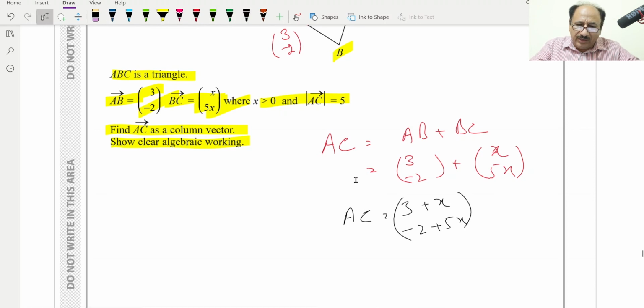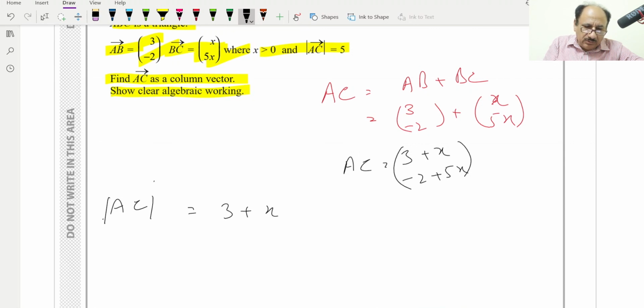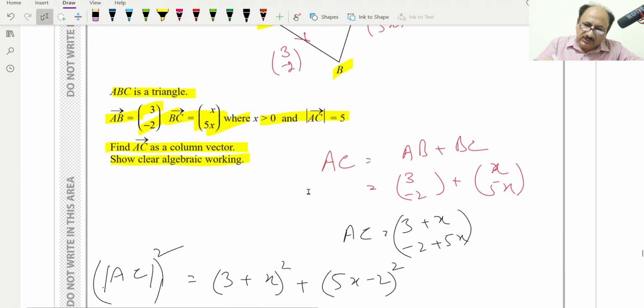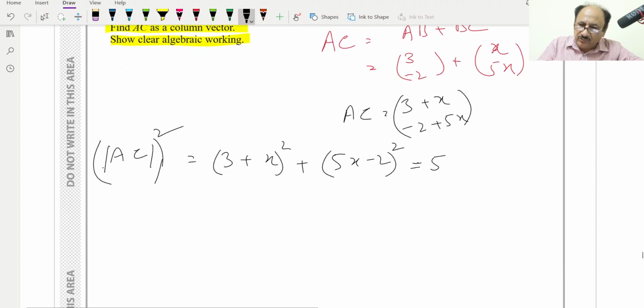Now we will find AC magnitude. AC magnitude squared will be equal to 3 plus x squared plus 5x minus 2 squared, and this is given as equal to 5, so we will write equal to 5 squared.